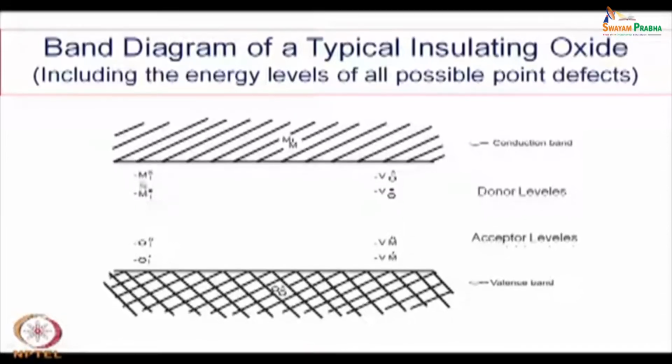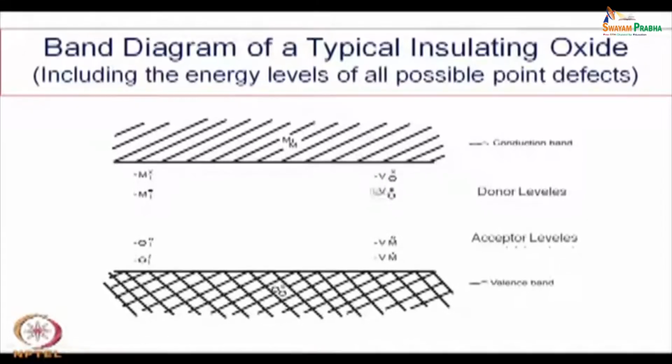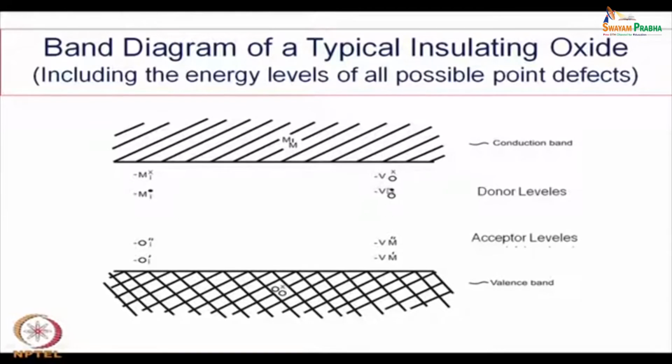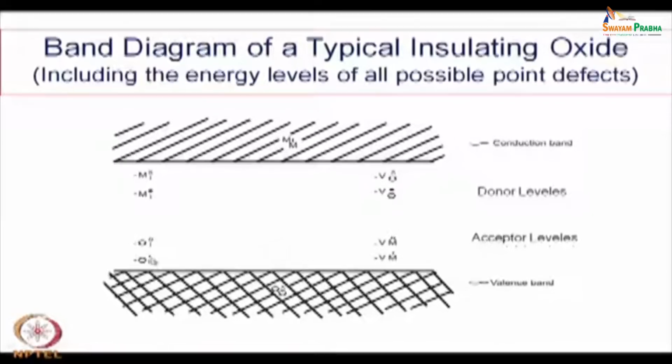Okay. So, both Mi and the vacancy, which can donate electrons, act as donor levels, whereas the Vm, or the vacancy, and the oxygen interstitials, which can accept electrons, will act as acceptor levels. So, compared to other semiconductors, here it is a little different in the sense of the defects themselves.